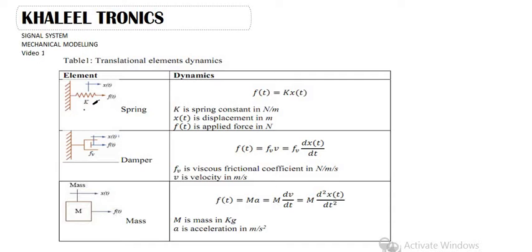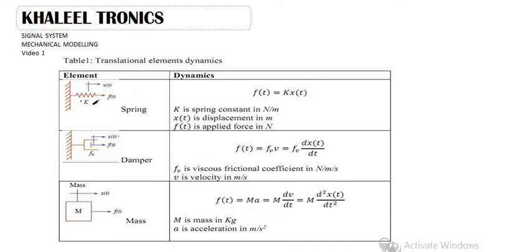We have K, that's the spring constant in Newton per meter, where X is the displacement, a distance traveled in a specific direction, and the applied force is in Newton.